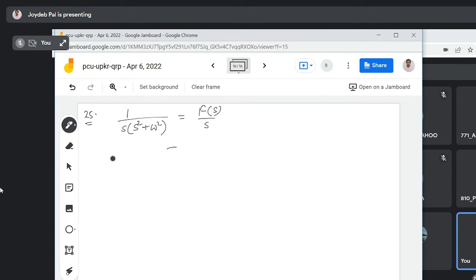Then where F(s) is equal to 1 by s square plus omega square. Now if I know small f(t), then we can use that integration formula, right? So what is small f(t) here? So L inverse of F(s). What is answer? I'm telling. What is f(t)?